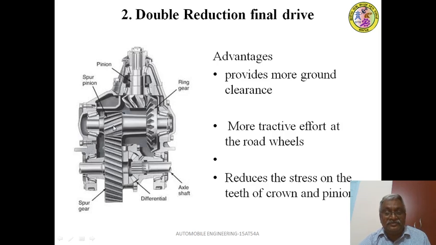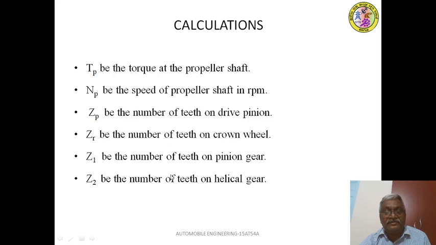So two pinions are driving gears, ring gear and helical gear are the driven gears. Notations are explained here: TP the torque at the propeller shaft, NP the speed of propeller shaft, ZP the number of teeth on drive pinion, ZR the number of teeth on crown wheel, Z1 and Z2 the teeth on pinion and helical gear.